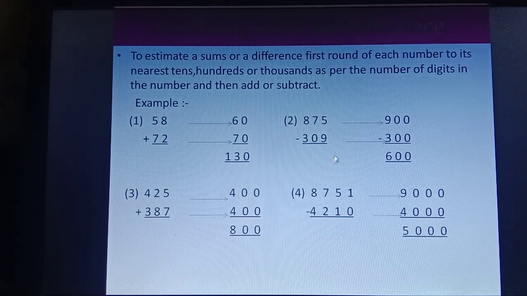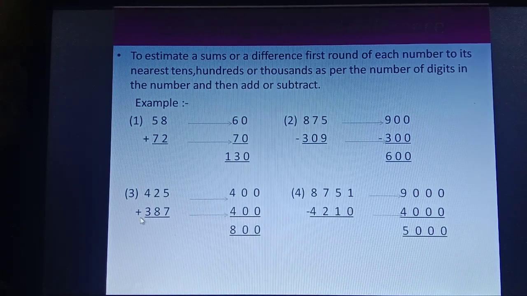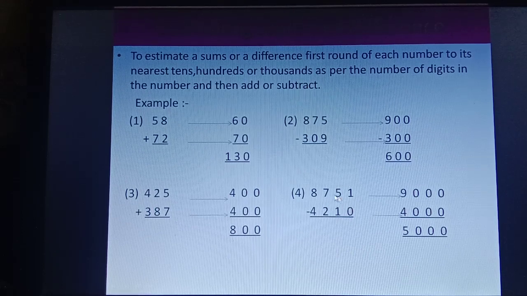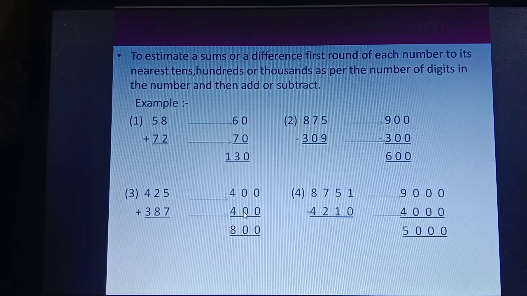Here are 3 digit numbers, so we will round off up to the 100 place. Here are again 3 digit numbers, so we will round off up to the 100 place. And the fourth question is a 4 digit number, so we will round off up to the 1000 place. So you have to keep these things in your mind.